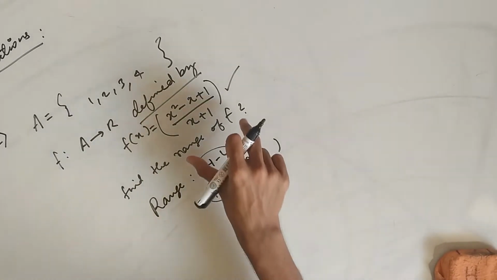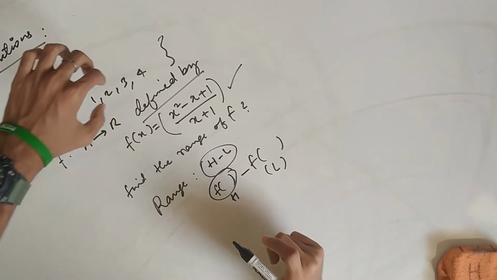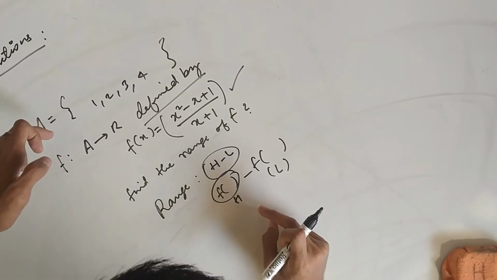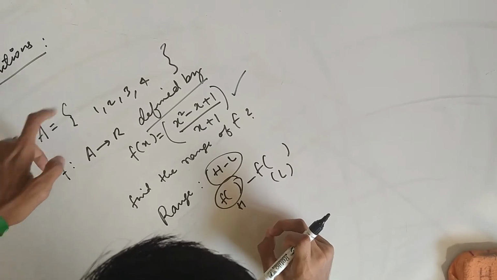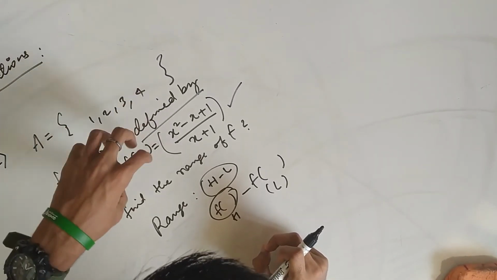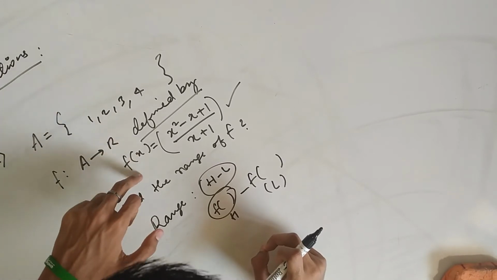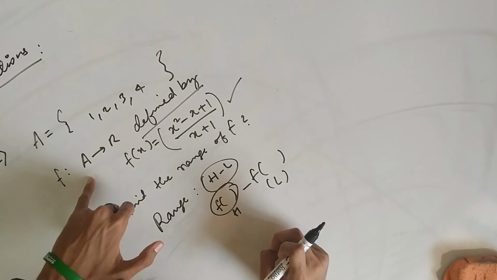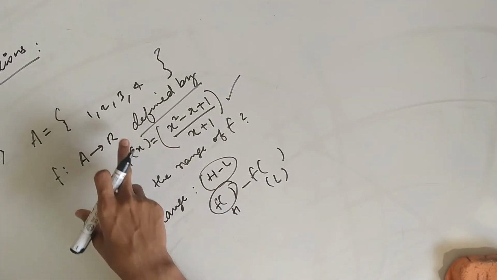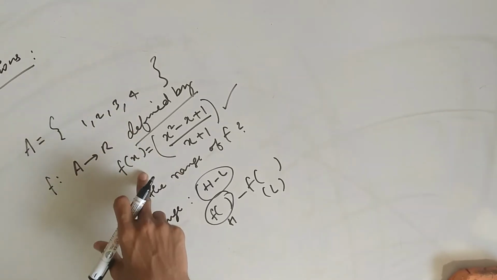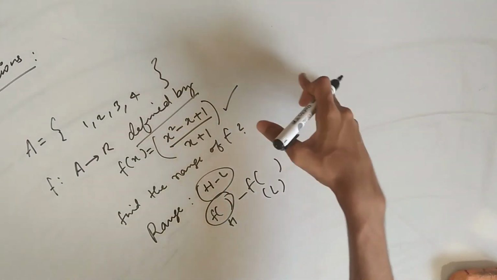So basically here what we'll do, we will take each of these entries of set A, because we are defining the function from set A to R. We will substitute these entries in this function, because this function is acting as an operator in defining the relation between A and R. We'll substitute these entries in this operator and obtain the values.